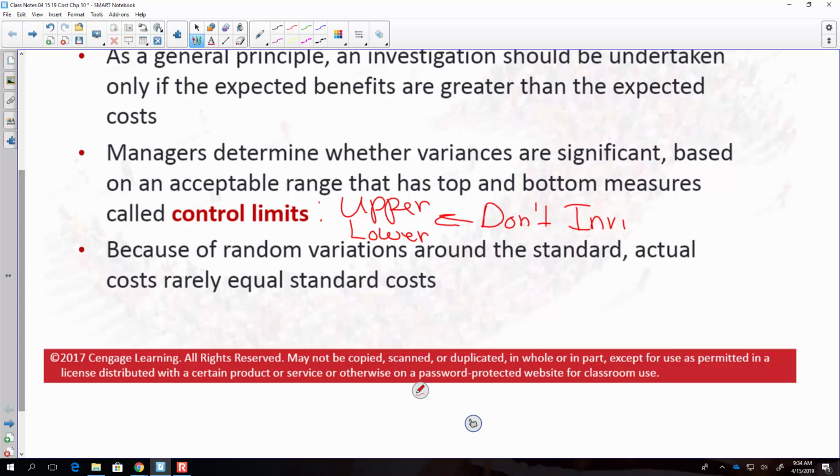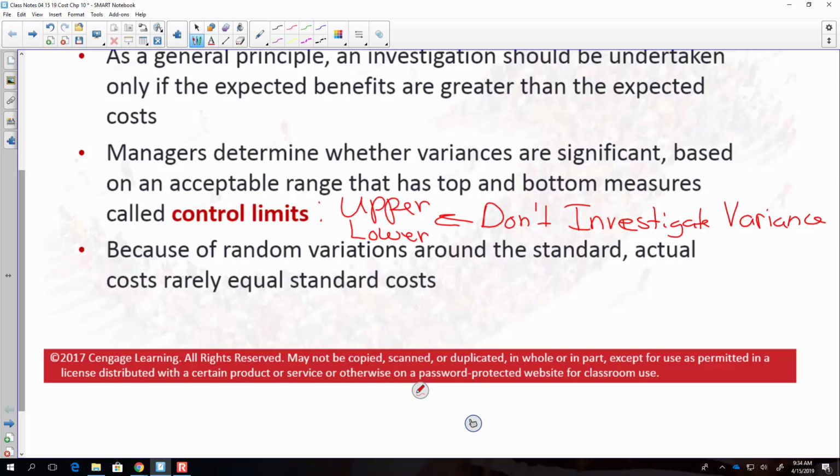Because there is a cost to investigating a variance. There's time, there's labor, there's maybe even some material involved in doing that decision. Certainly overhead will be involved in that decision or that research, so to speak.